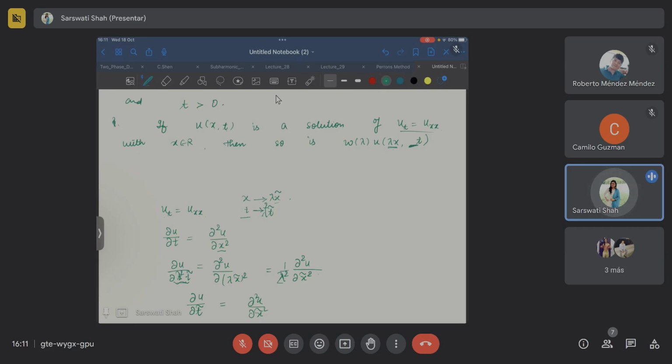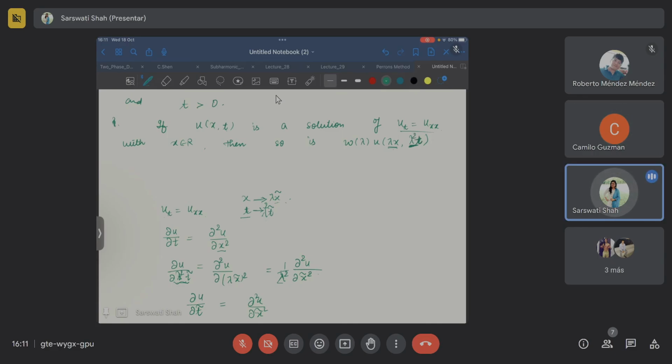x is rescaled with lambda x, so t will be rescaled with lambda square t.